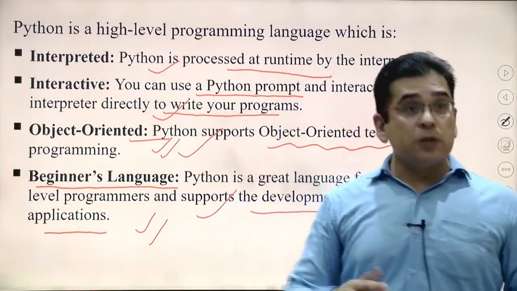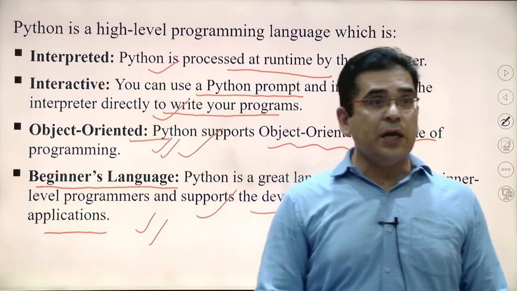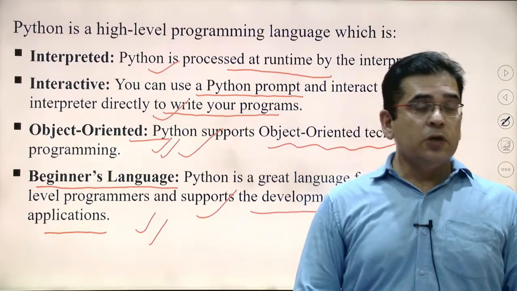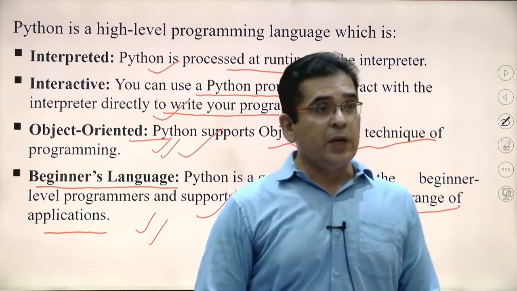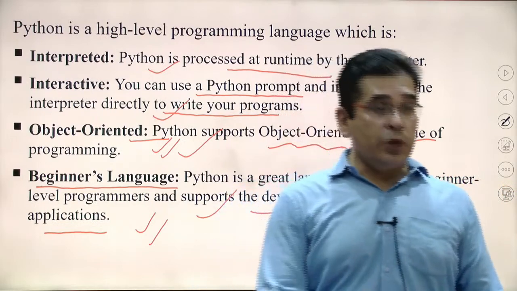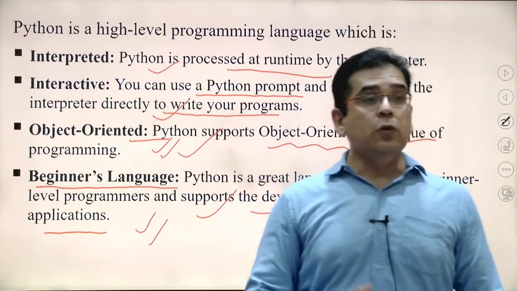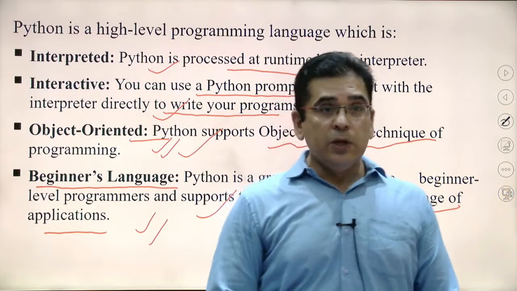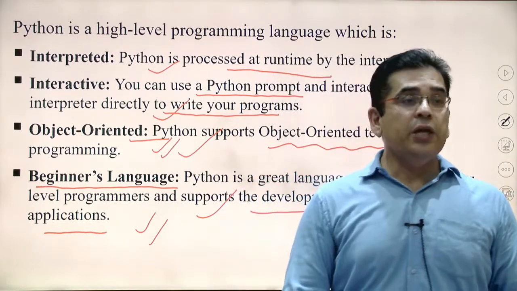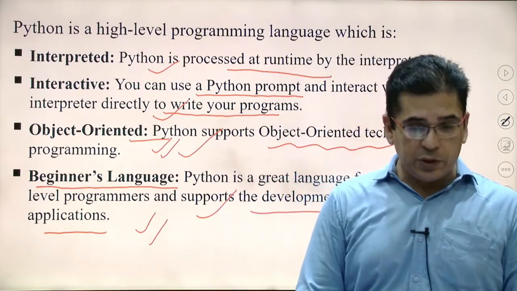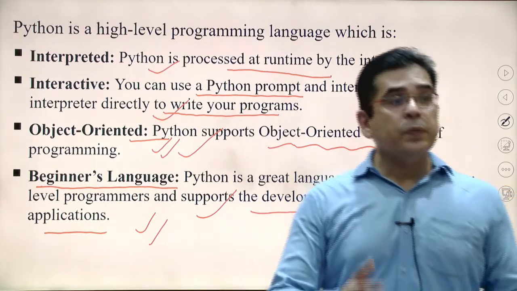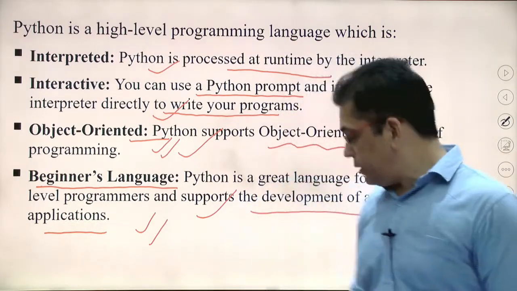So you can work with very real-time problem solving techniques. It has a very large set of libraries which helps you to design a model as well as to process real world problems. This facility is not much available in C or C++ languages, and you can start with Python from the beginning itself.